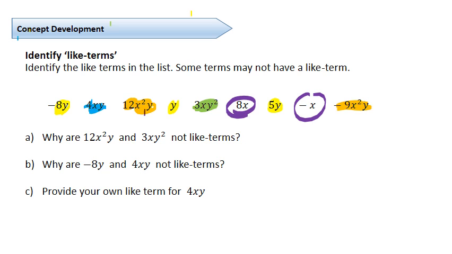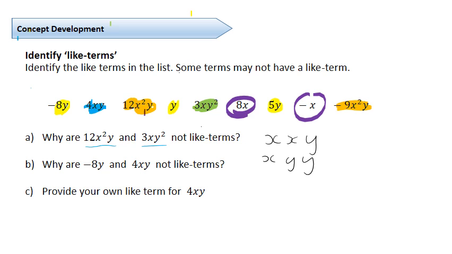Right, looking at x squared y and xy squared, they aren't the same. If you wrote it out in full, x squared y and x, y squared, you can easily see how they're different.